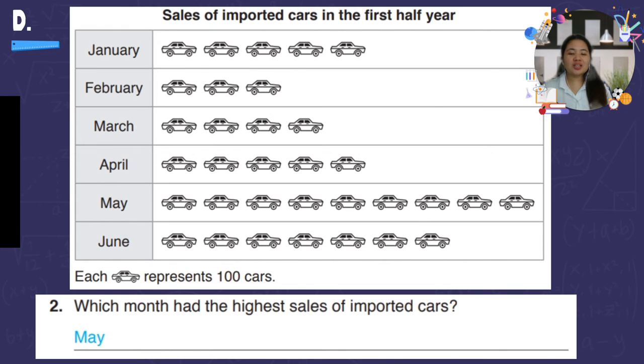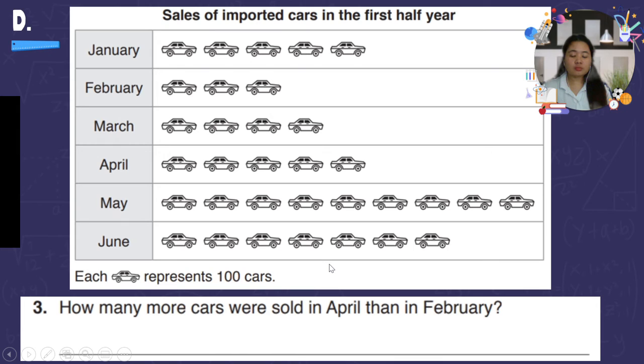Let's go to number 3. How many more cars were sold in April than in February?